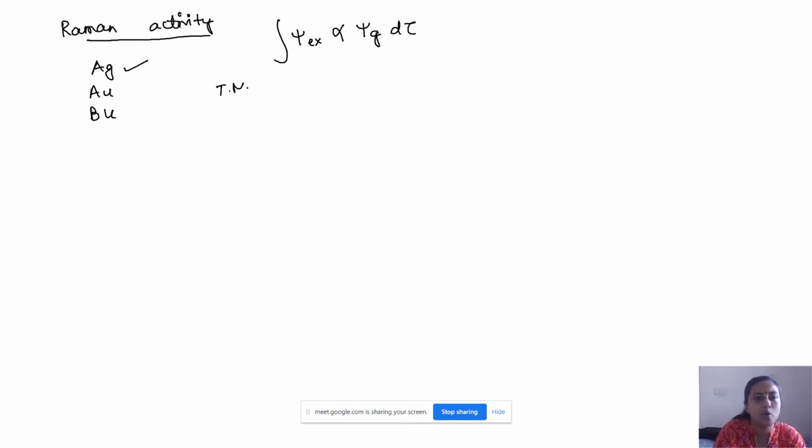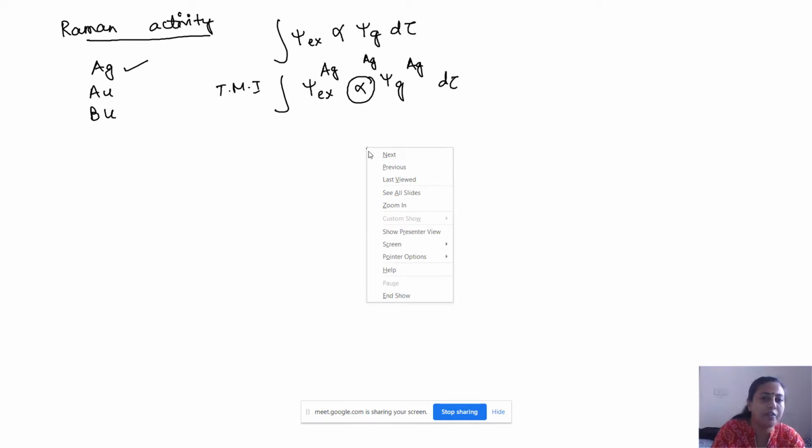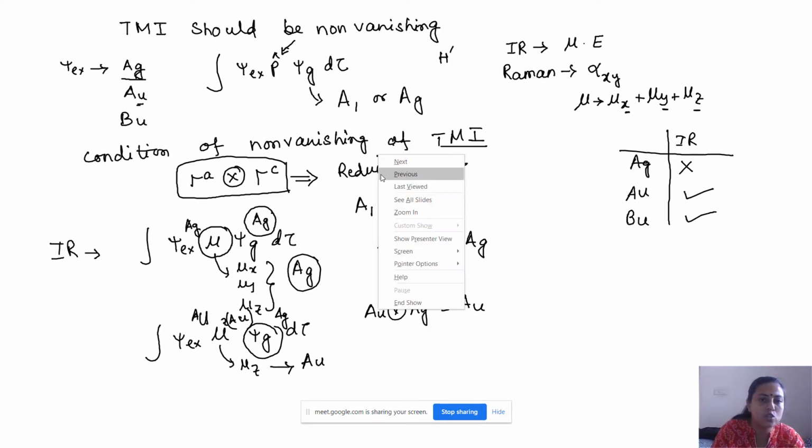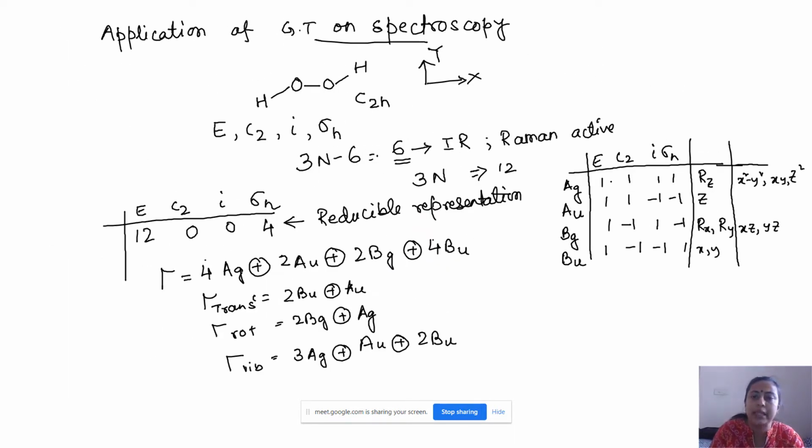So the transition moment integral, the psi excited is being transformed as AG. Psi ground state is always of the AG symmetry. So now for the alpha, we should have a particular component of alpha that should transform as AG to make the total transition moment integral non-vanishing. So if that is so, look into here, AG into AG is going to give you AG.